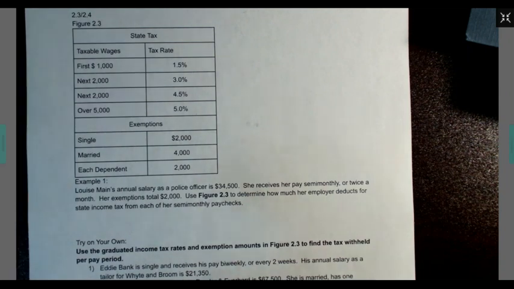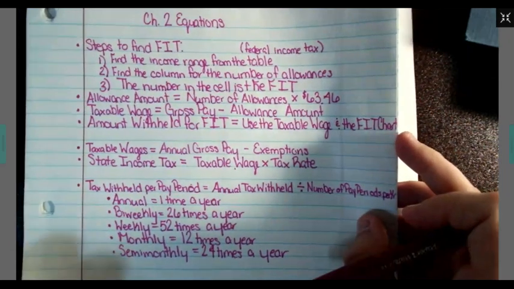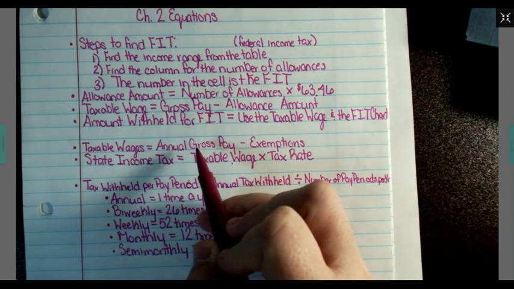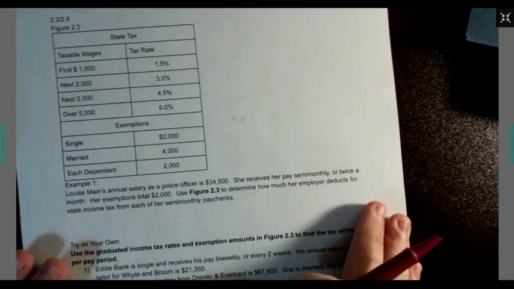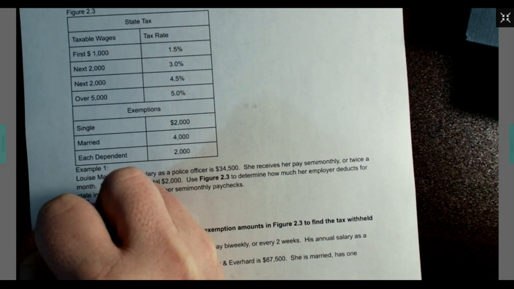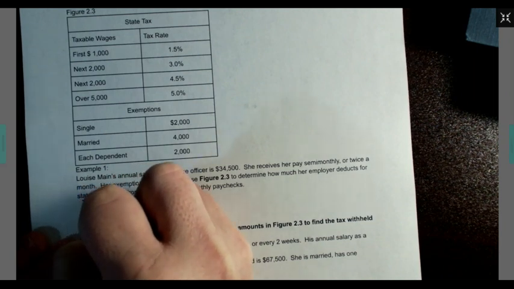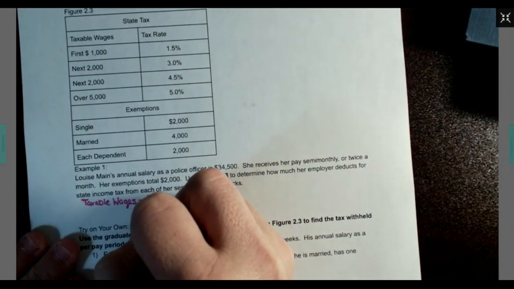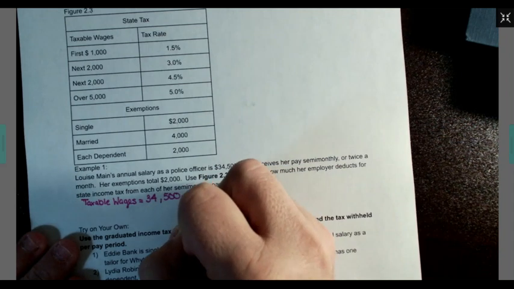The first thing we have to do is find our taxable wages, which we learned about in our last lesson. Our taxable wages was gross pay minus exemptions. Well, to find our taxable wages, we're going to take $34,500 and subtract $2,000.